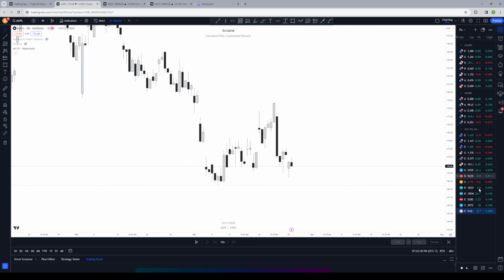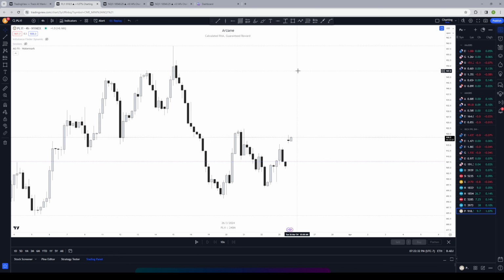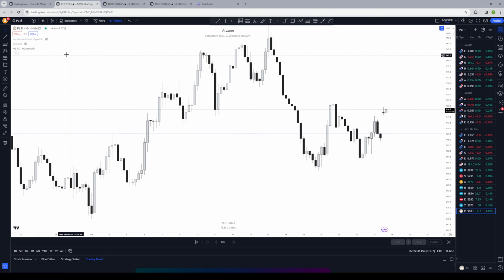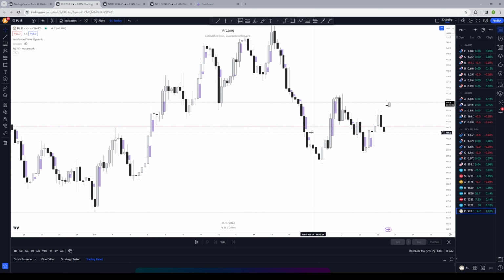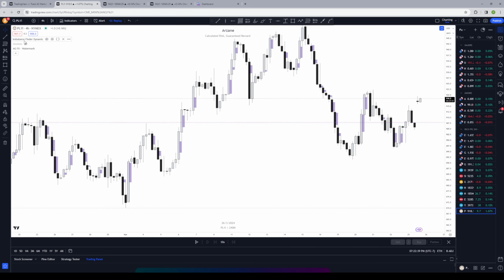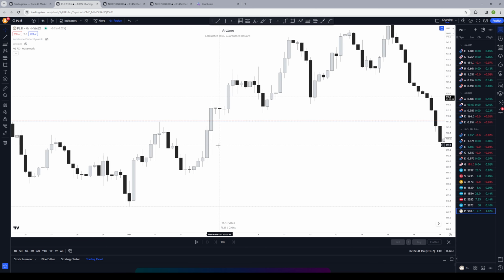Nothing is like that. But if we take a look at platinum, I'll really quickly show you what the imbalances are. These are all the imbalances, pretty self-explanatory. If the candle has a gap, like you look at this area, there's a huge gap right here, and a huge gap right here, where we know there's no price in between, that is an imbalance.